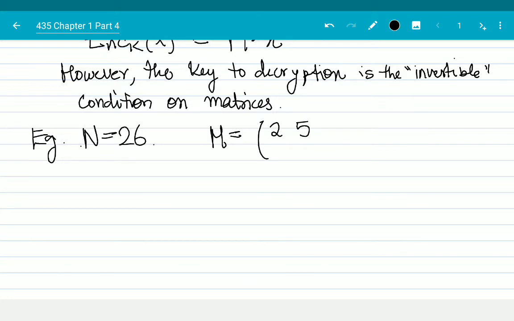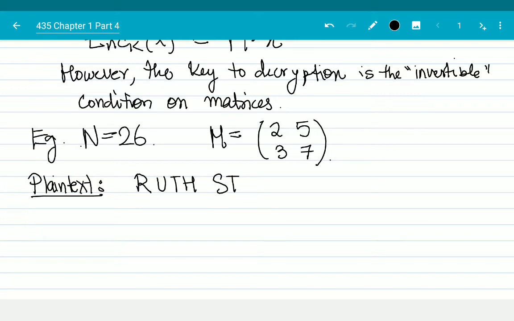And I take the matrix 2, 5, 3, 7. And the plain text message I want to send is "Ruth strikes out".